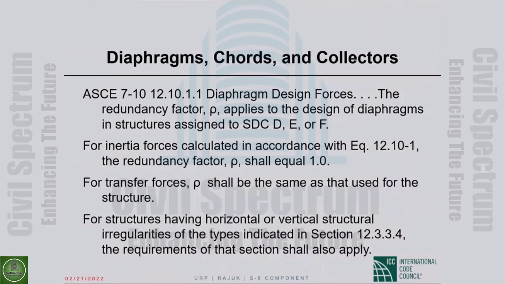Okay, so it is not that you multiply the transfer force by rho. No, you find the effect of the transfer force, whatever it is doing to the diaphragm. Those will have to be amplified by rho and then added to the effects of inertia and so on and so forth.